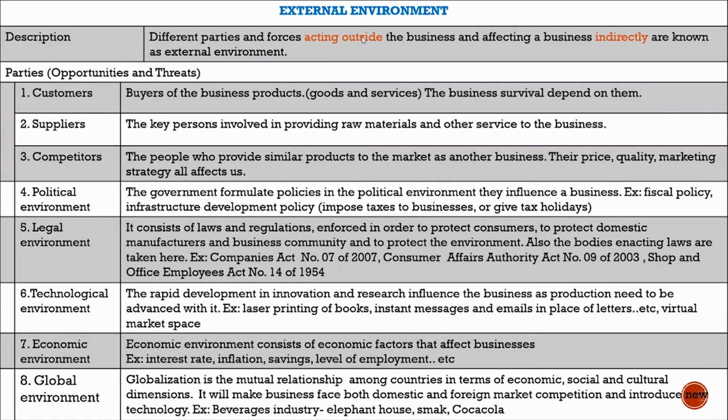For your knowledge, just understand that to safeguard the rights of the shop or office employees, this Shop and Office Employees Act was formulated in 1954. By doing that, the business is also influenced or is liable to follow this legal requirement. So that is how the legal environment affects our business.